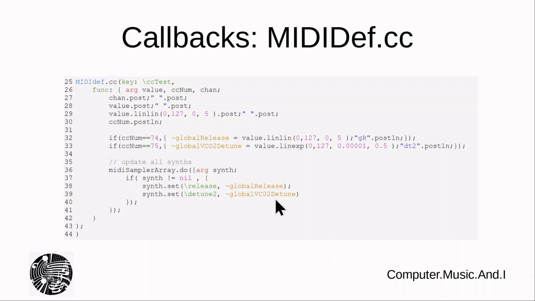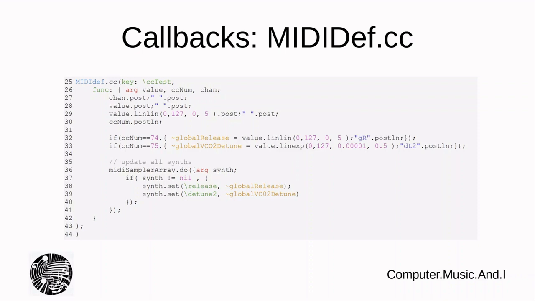So if I'm pressing 4 keys, then 4 synths are going to be alive in the array, and these 4 are going to be set. All right, so this is the way a polyphonic synthesizer can be implemented in SuperCollider.